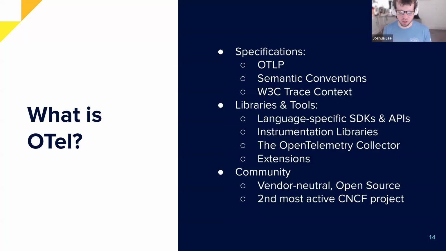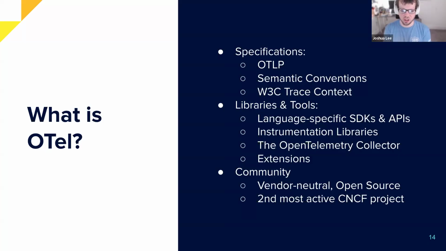But of course, the OpenTelemetry community does provide us code and implementation so that we can use these things right away, right? So we have the language-specific SDKs and APIs that I've been alluding to. Those are what get dropped into our programs themselves and let our programs emit tracing, especially, right? And there's the instrumentation libraries. So say we're using something like Express.